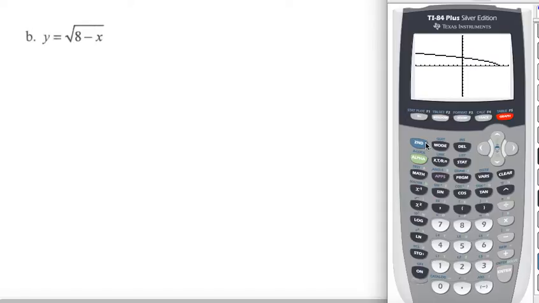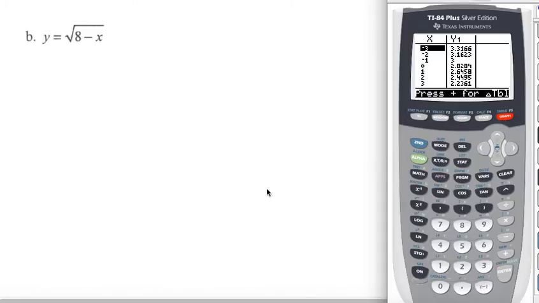And again, if you want to make sure of that, let's look at the table of values, and we can scroll down to see what is going on there. It looks like the y value goes lower, and then at x equals 8, y value is 0. And what happened next?